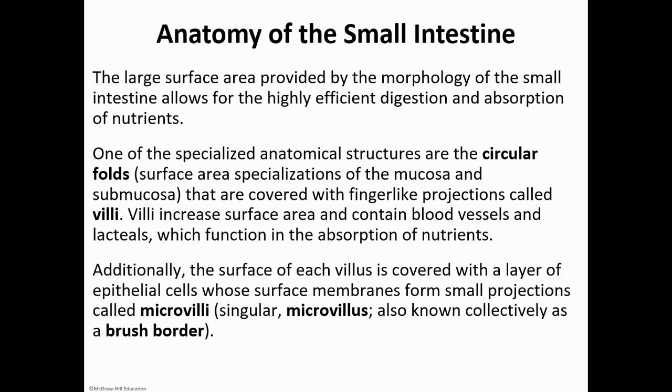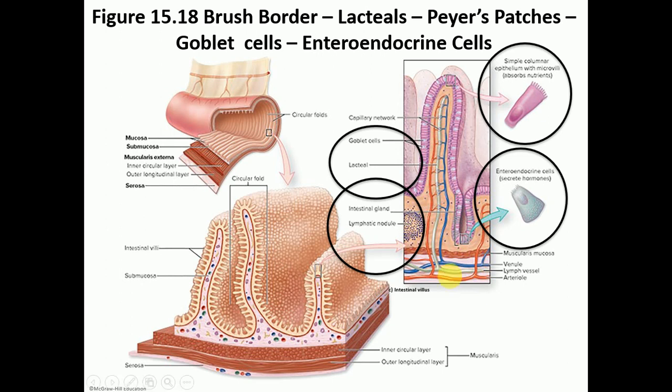So we're going to move on into the small intestine. We want to take a look at what the small intestine looks like. So we are going to move on to the picture actually. So here we have these circular folds.